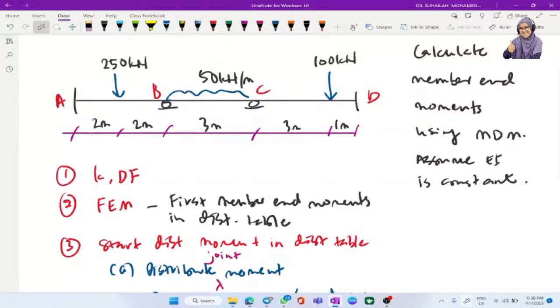Okay, we have AB, the length is 4 meter, BC, the length is 3 meter, and CD, the length is 3 meter.